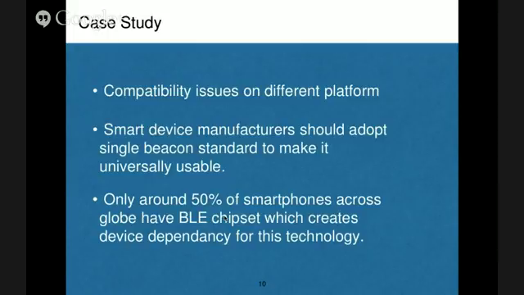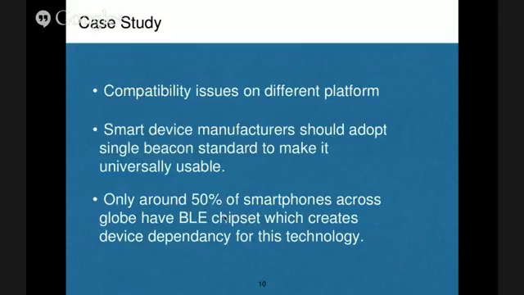So even though people have started integrating beacon or BLE into different sectors, only 50% of the users across the globe are actually available for this kind of technology. So this is a bit of a stone in the beacon's journey in the tech world.